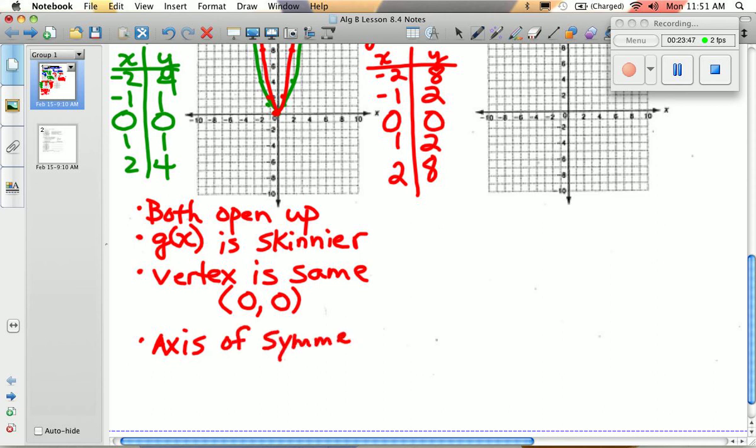What is that axis of symmetry? Remember, it's an equation. It goes through the vertex. What's the x value of the vertex? 0. So it's x equals 0.